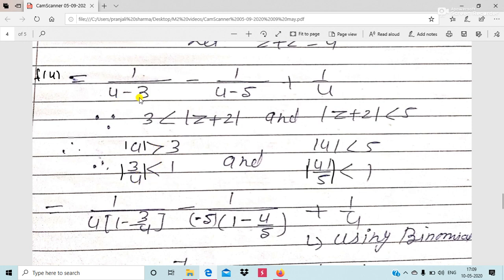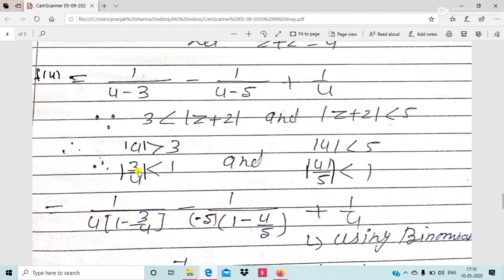To expand using the binomial theorem, the condition is mod of x should be less than 1 to expand 1 plus x or 1 minus x inverse. Next, since mod z plus 2 is less than 5, mod of u is less than 5, and dividing both sides by 5, mod of u upon 5 is less than 1. So we have the conditions that mod of 3 by u is less than 1 and mod of u by 5 is less than 1.